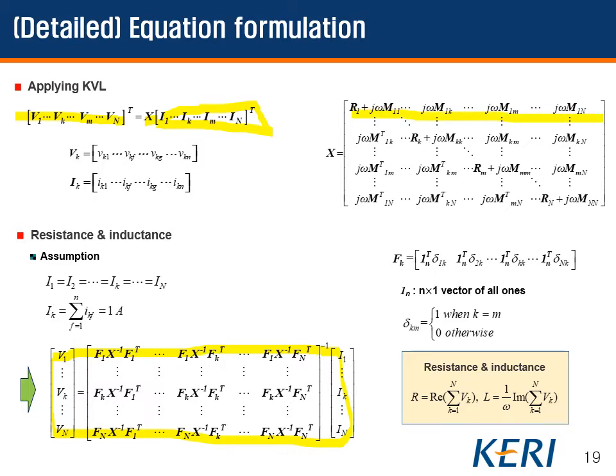Here, R is RDC, and M is the mutual inductance between two wires. And from the derivation of this matrix, we can get the solution Vt, and then finally we can get the resistance and the inductance as follows.